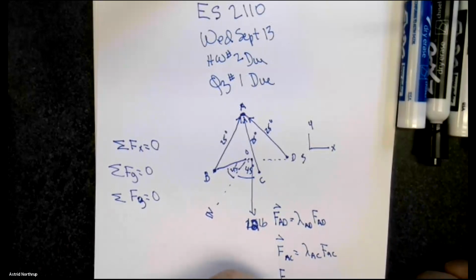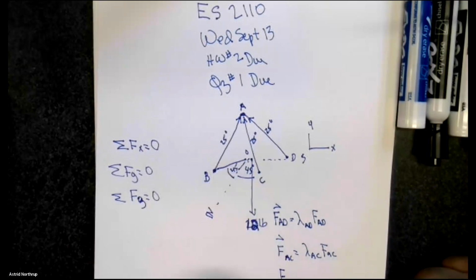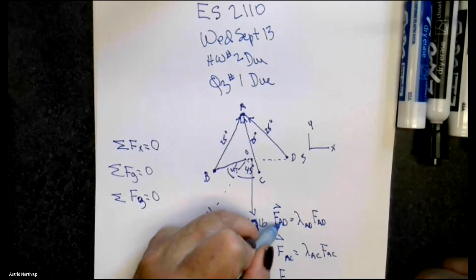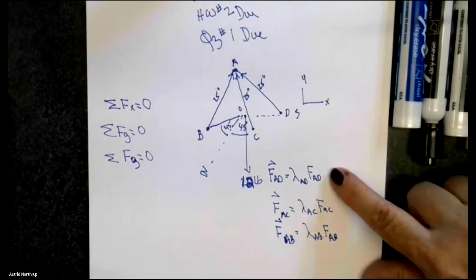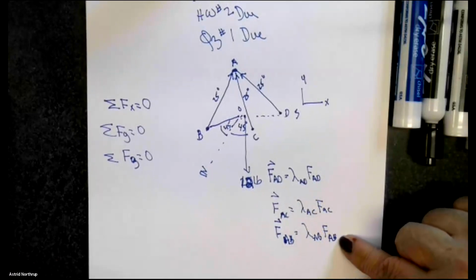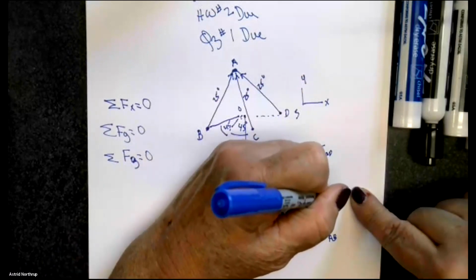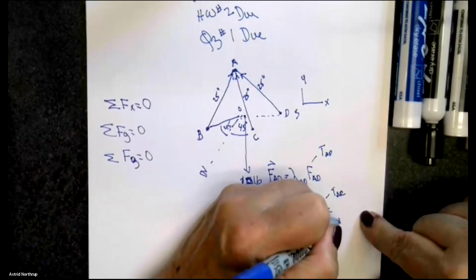And last but not least, I've got my letters kind of mixed up, but let's go AC, AD, AB. There we go. Let's leave it like that. This is going to be lambda AB times the force in AB. So the three forces are the tensions in each of those cables, and we know that they're pulling up because they are suspending the plate.